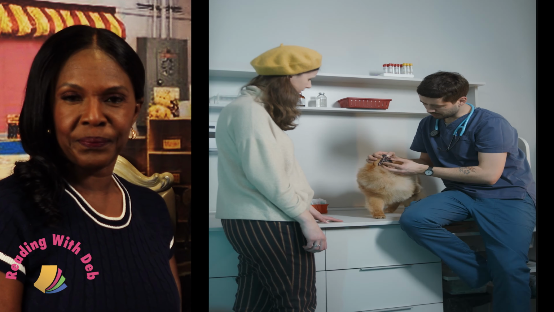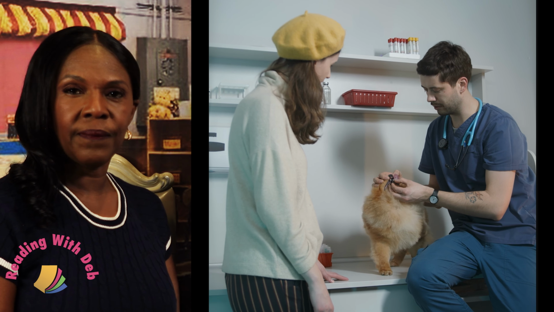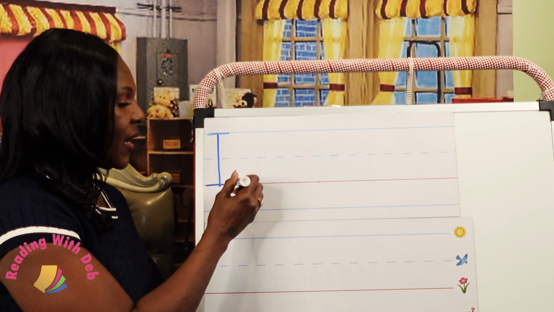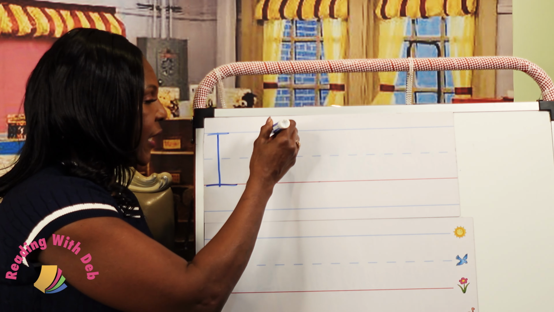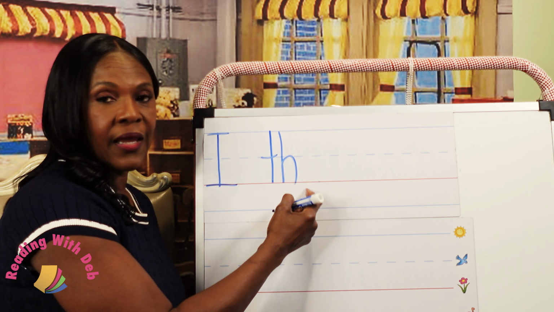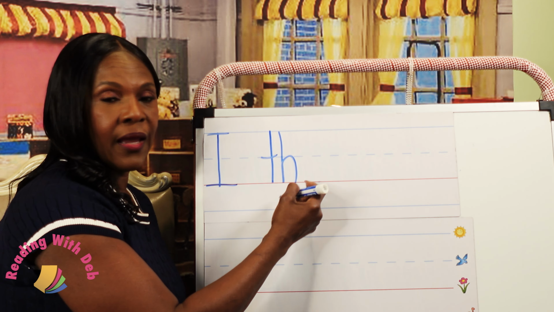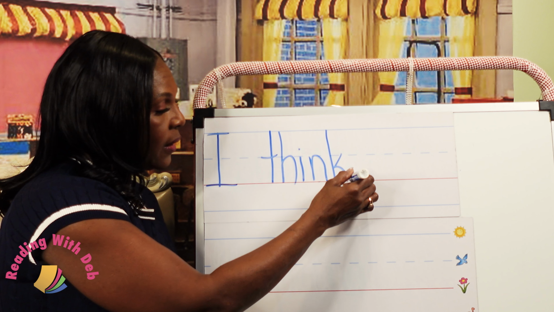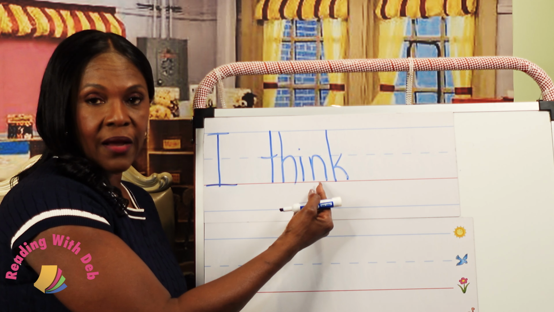Number 8. The sentence is, I think the dog is sick. I think the dog is sick. All right? I think. TH. Thick. That's I. Thing, N. Think, K. Now I use K instead of CK because the K sound is not right after a short vowel.